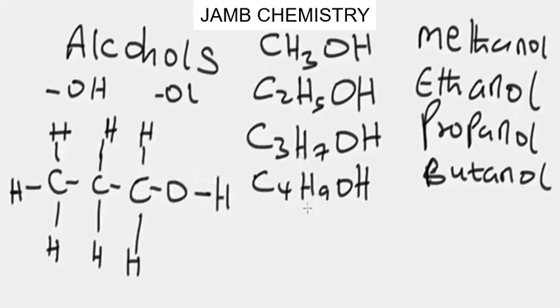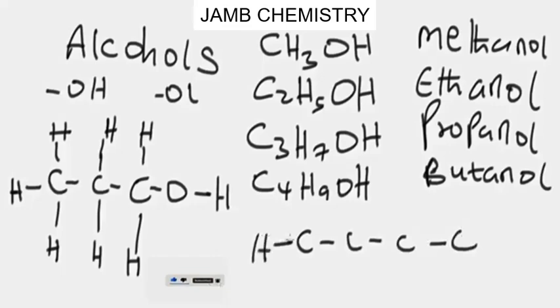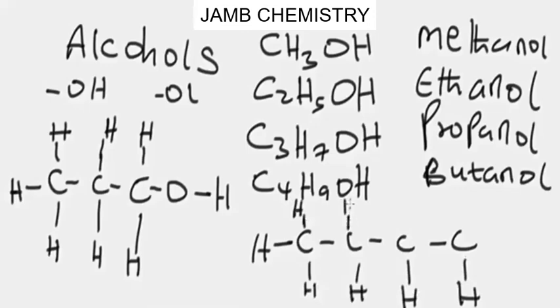This will be our butanol. The structure will look like this. Butanol has four carbon atoms, so the structure will look like this. This will be the chemical structure for butanol.